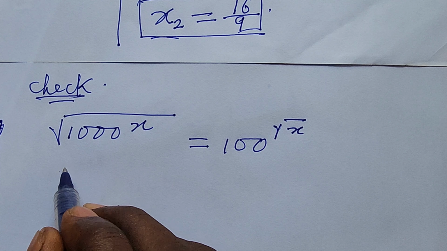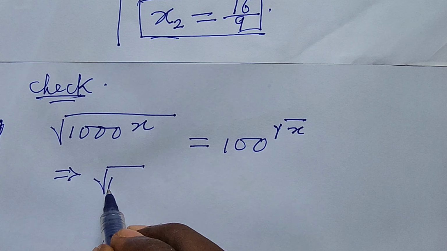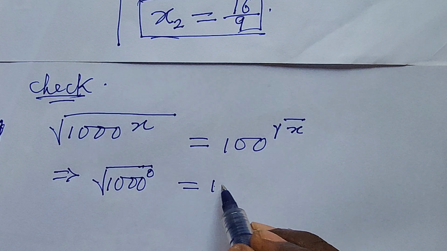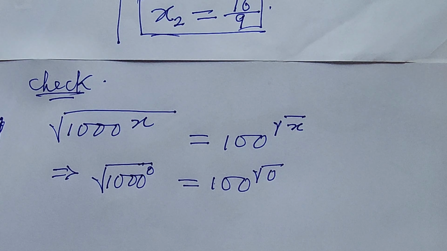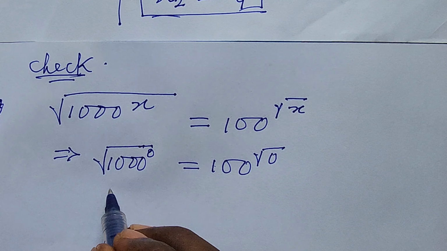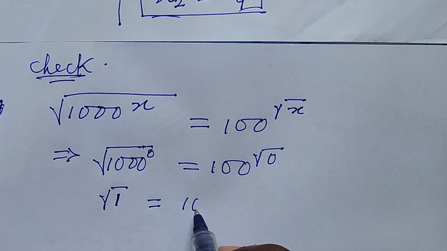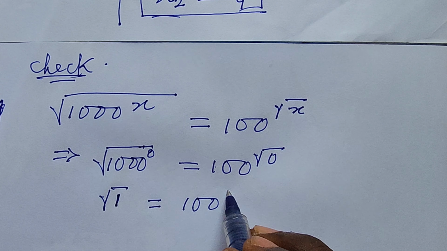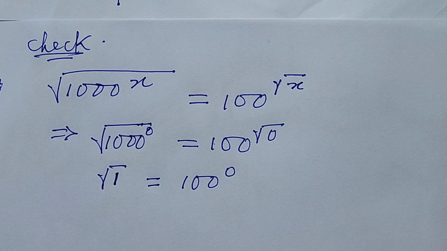This now implies that the square root of 1000 to the power of 0 equals 100 to the power of the square root of 0. So 1000 to the power of 0 will give us 1. The square root of 0 will give us 0 also, and the square root of 1 will give us 1.